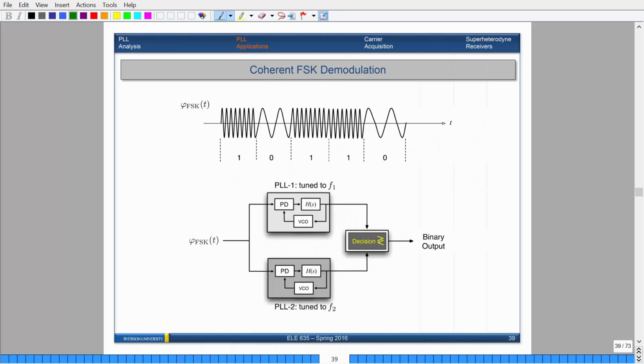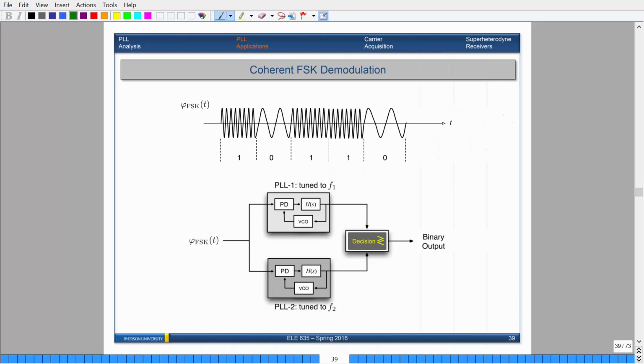This is what is known as frequency shift keying. It is used in digital communication systems, where the signal fluctuates between two different frequencies. If you wanted to transmit 0, it has a cosine of some low frequency. If you want to transmit 1, the output will be a higher frequency. What you can do here is use 2 PLLs that are each tuned for one of the frequencies being detected. Then you take a look at the errors, see which one has the lower error, and choose that one as the recognized symbol.